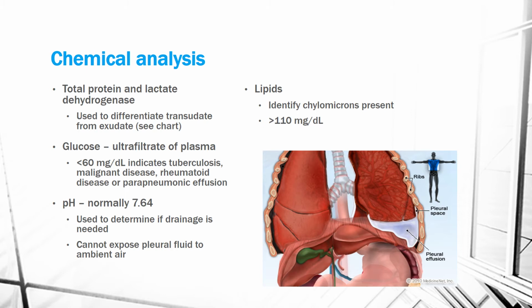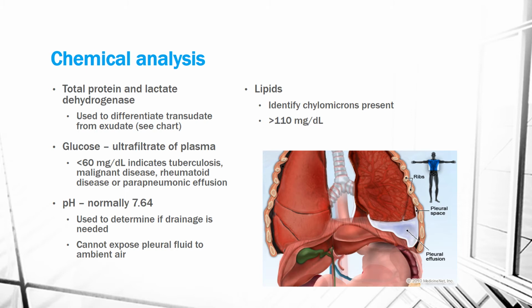Chylomicrons consist of a whole bunch of triglycerides in the pleural fluid that give you this milky, hazy white effect. The presence of chylomicrons helps us determine if an effusion is a chylous effusion or a non-chylous effusion, and we would test lipid levels in order to determine that.